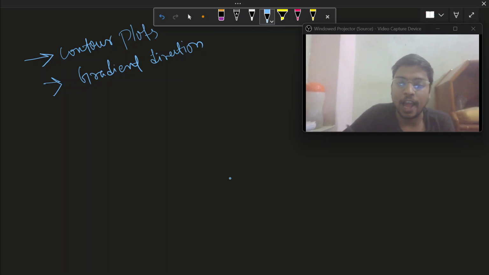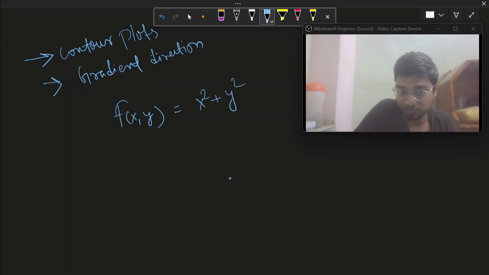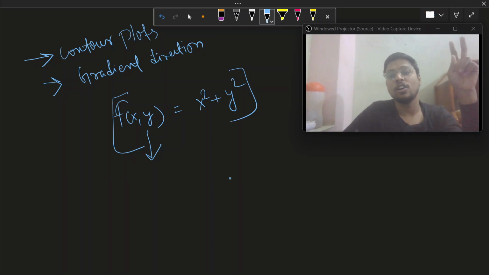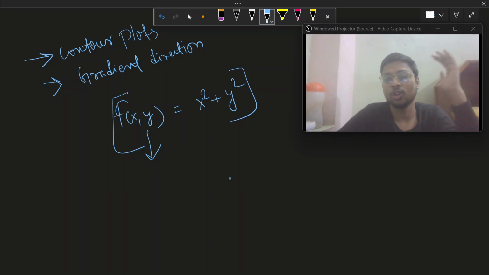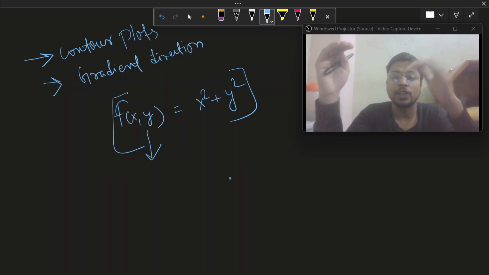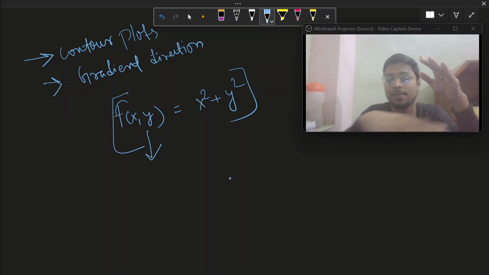If we have a function f(x, y) equal to x square plus y square, and we want to draw the contour plots, it is a very good method to represent a 3D plot in a 2D plane.